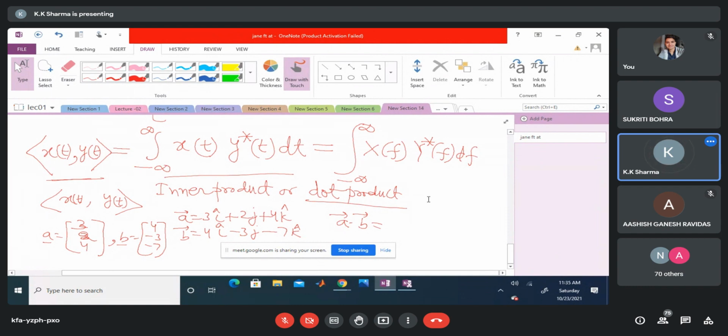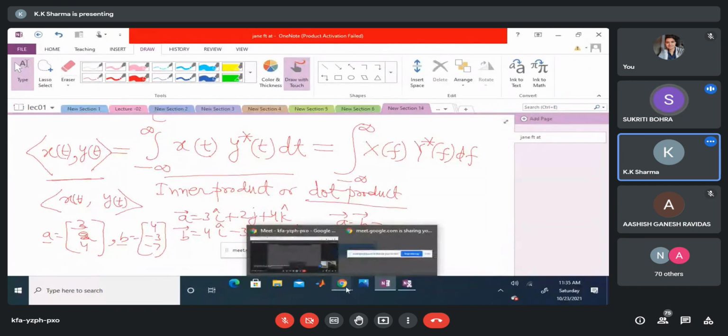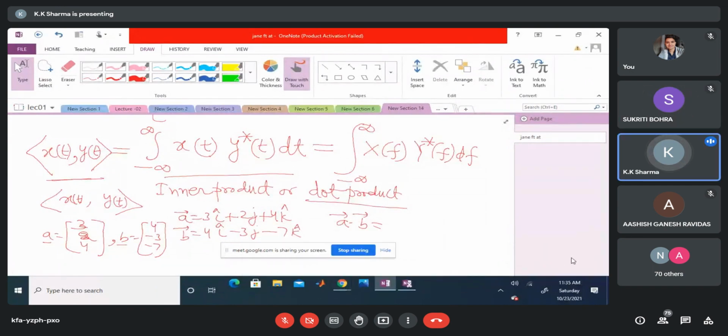What is the final answer? 12 minus 6, that is 6, and minus 28. So what is the final answer, A dot B? Minus 22. The final answer for this is minus 22. So dot product is always a number.